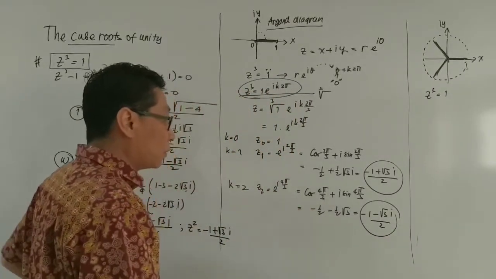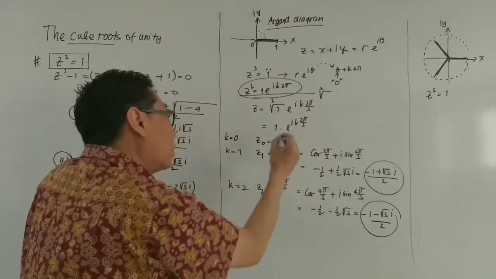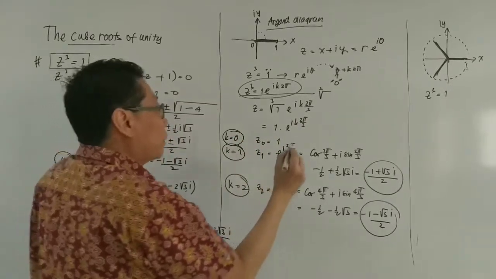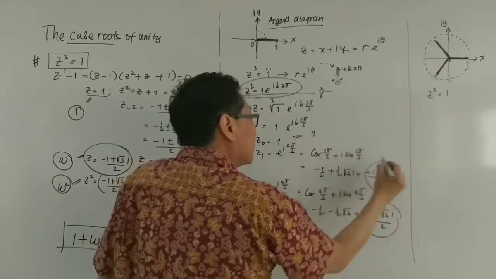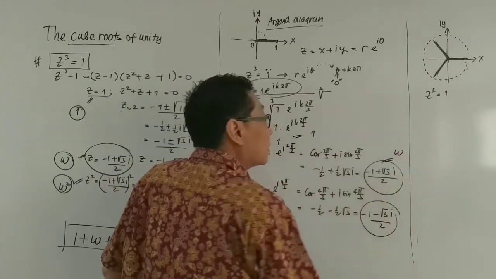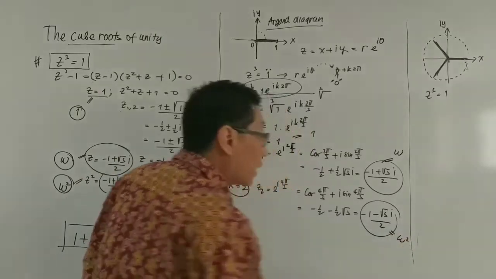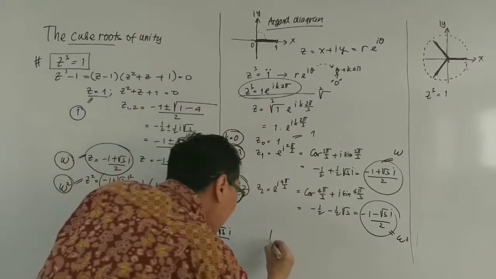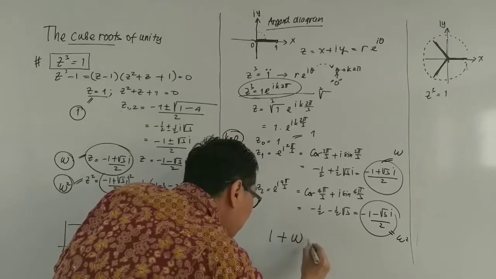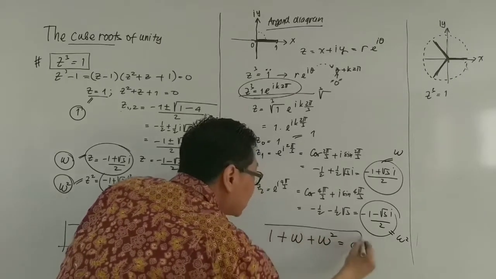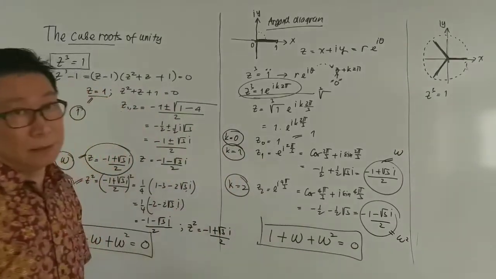It's also the same. If we call this 1, this w, and this w squared, then we have 1 plus w plus w squared equals 0. This is the important expression.